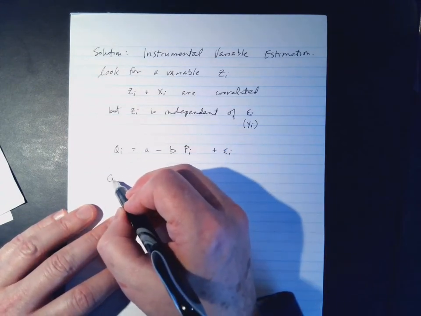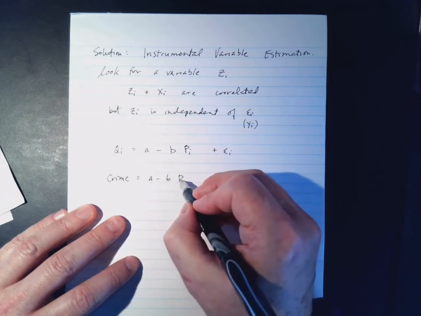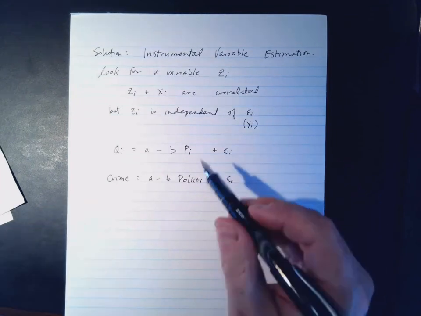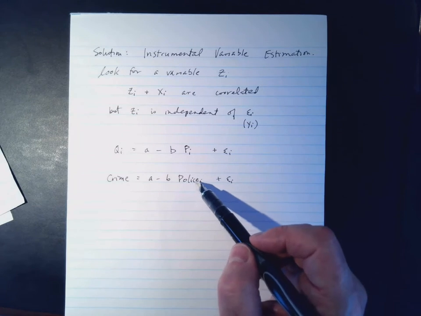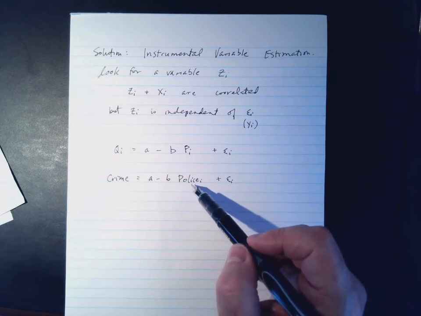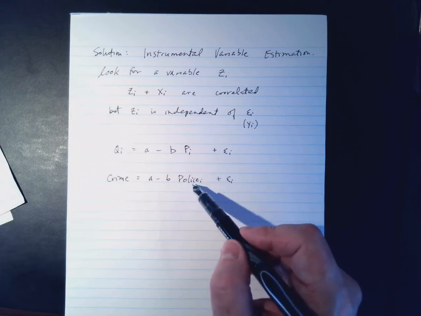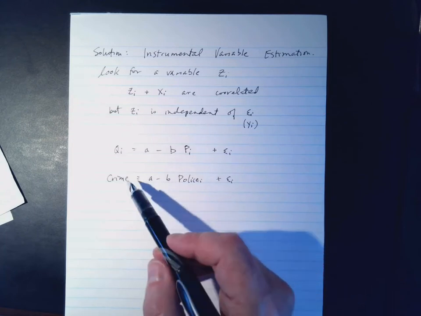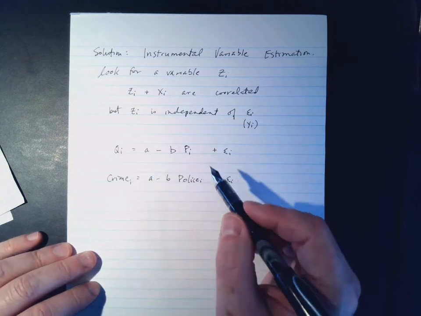Let's think of crime equals A minus B times police plus an error term. So in this case, what we'd want is an instrumental variable that has some bearing on the amount of policing that's done, but that isn't in response to local crime rates.